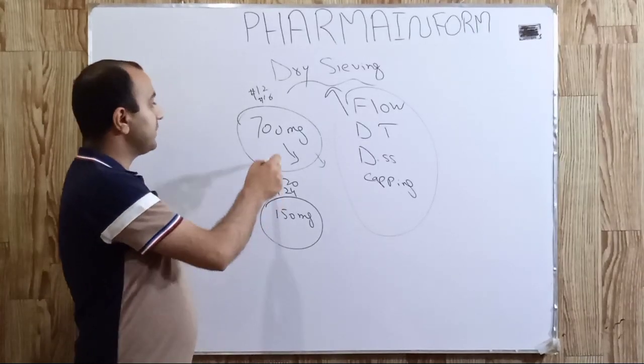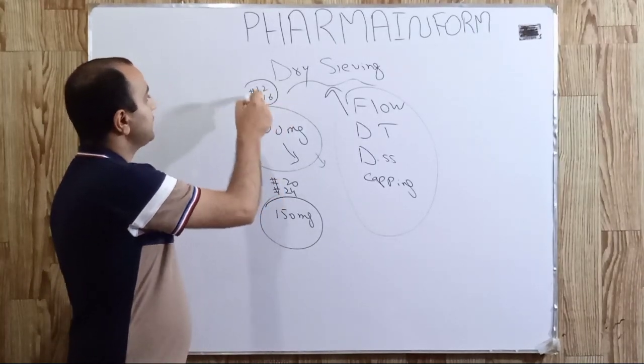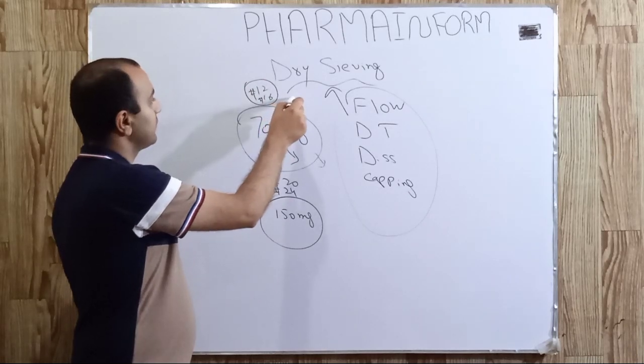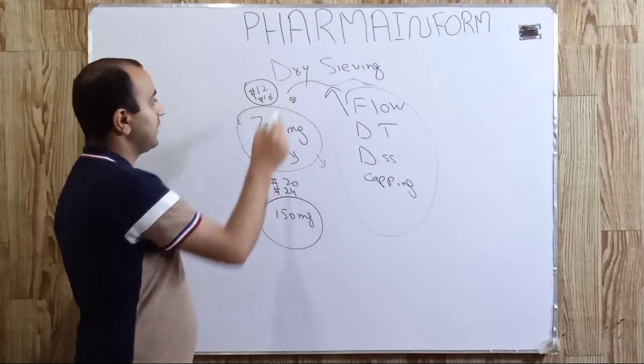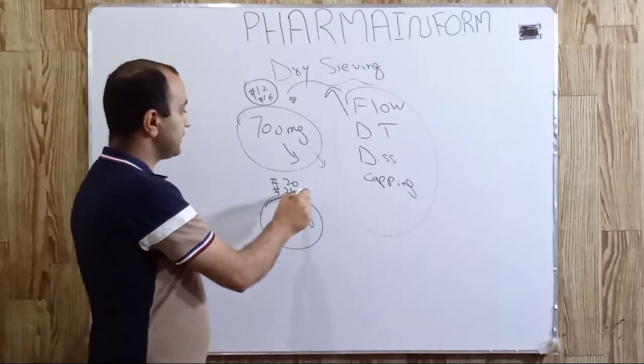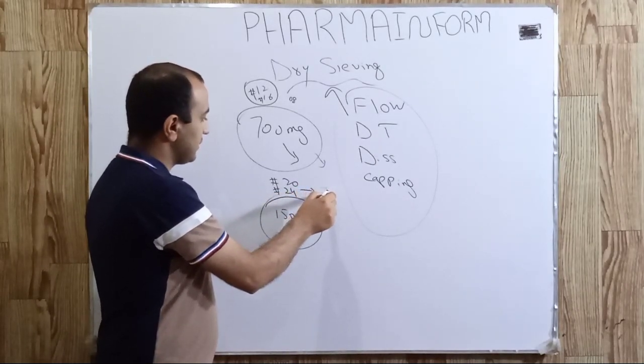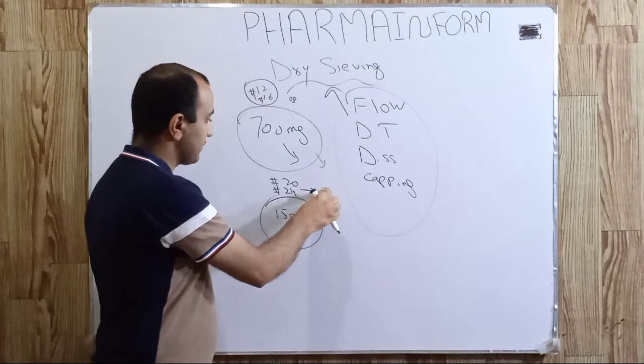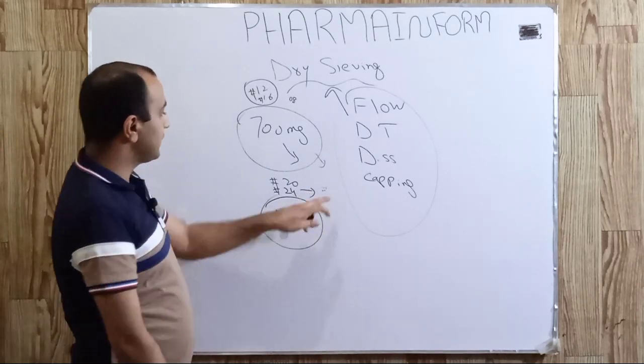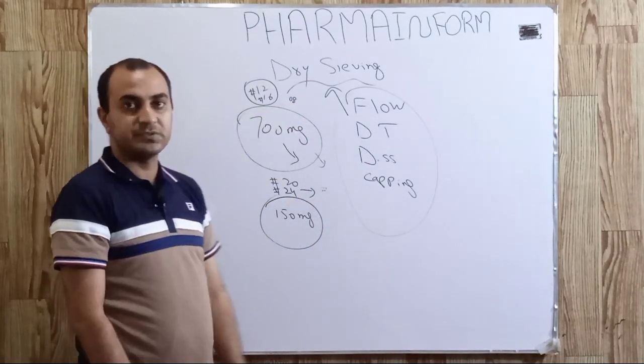The basic concept is that this mesh will produce somewhat large granules, and these meshes will produce somewhat small granules as compared to these.